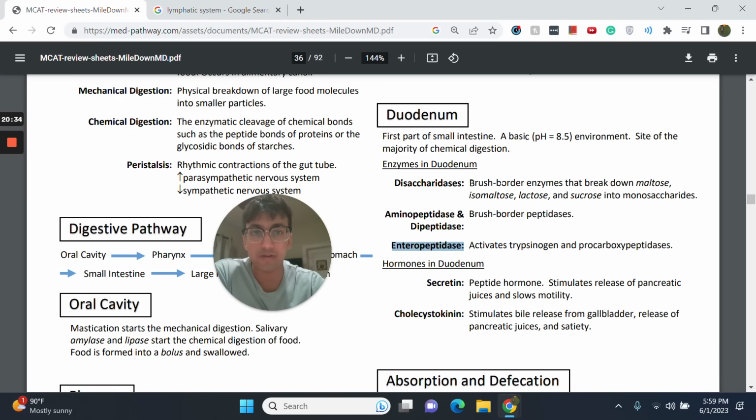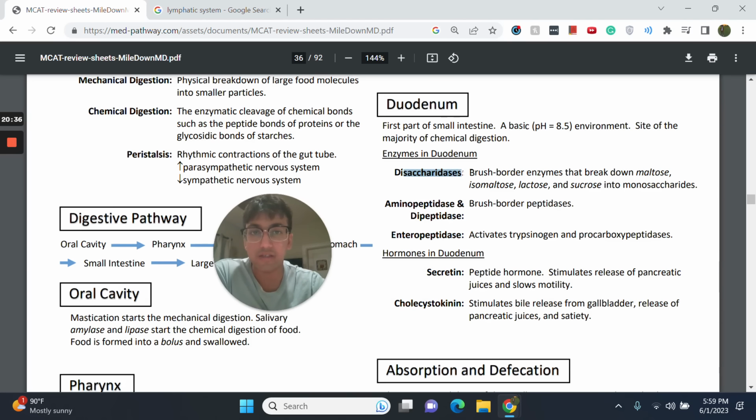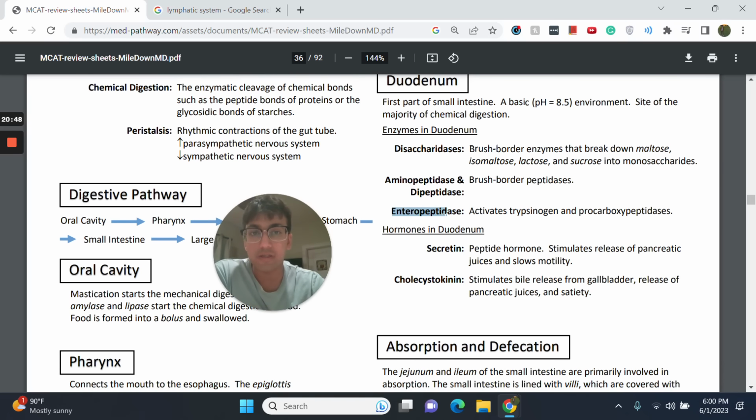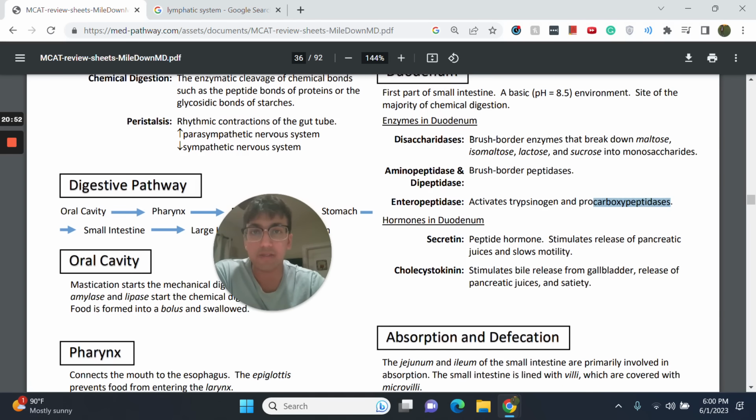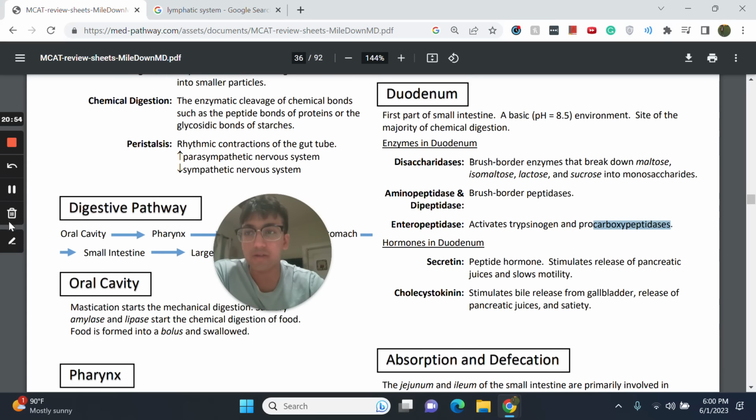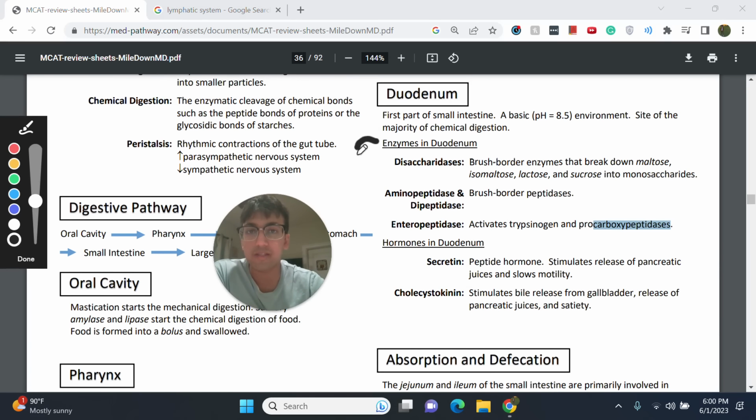Unfortunately, these are not too difficult to understand. Disaccharidases are brush border enzymes that break down all these disaccharides into monosaccharides. Aminopeptidases and dipeptidases are proteases, basically peptidases, and enteropeptidases activate the trypsinogen and procarboxypeptidase. The important thing to understand is that there are enzymes in the duodenum that help chemically break down your food.